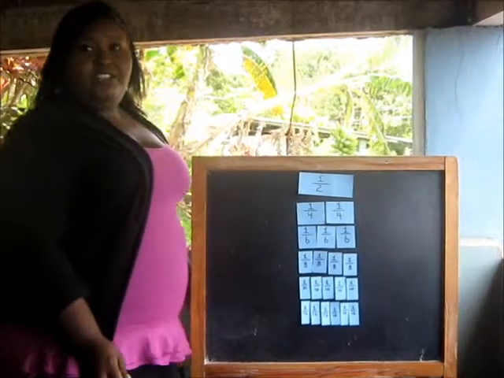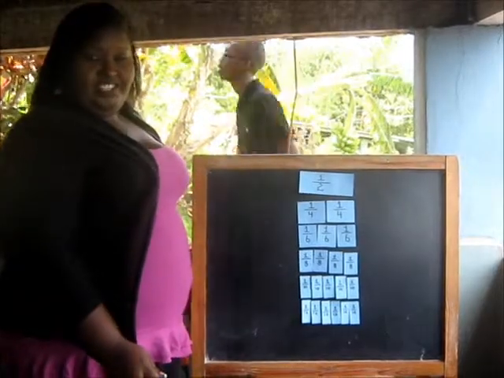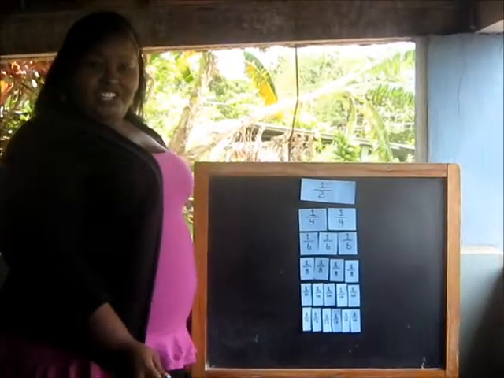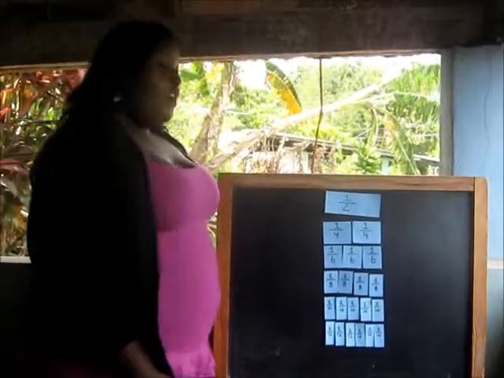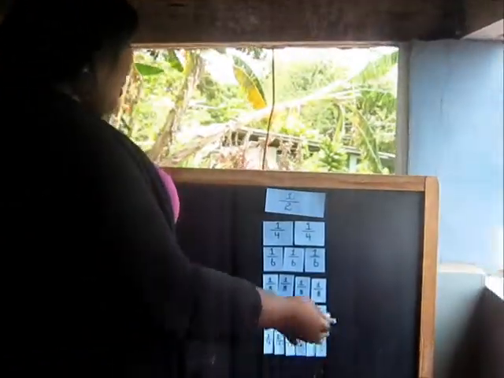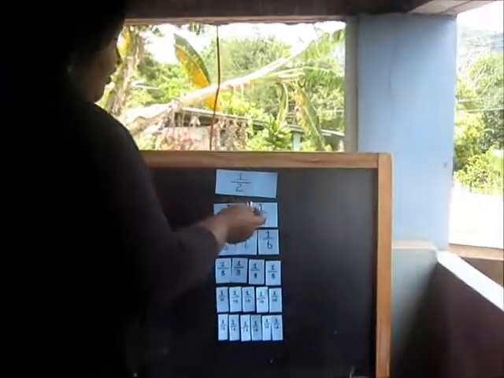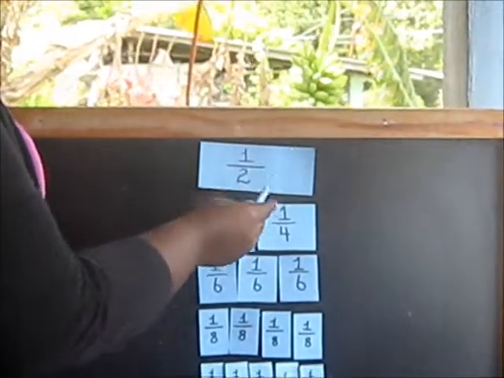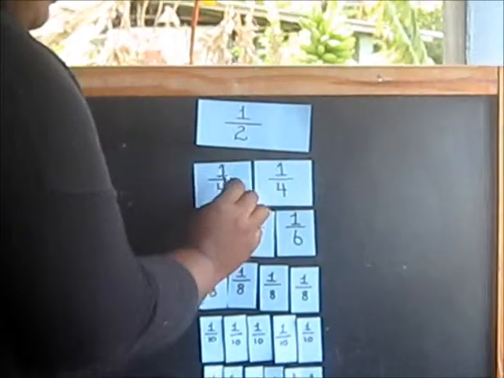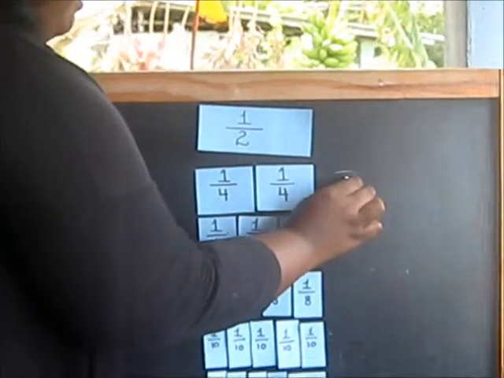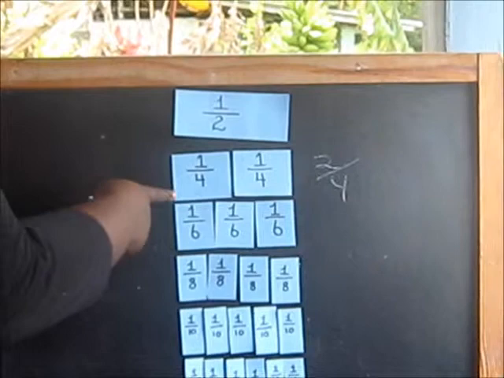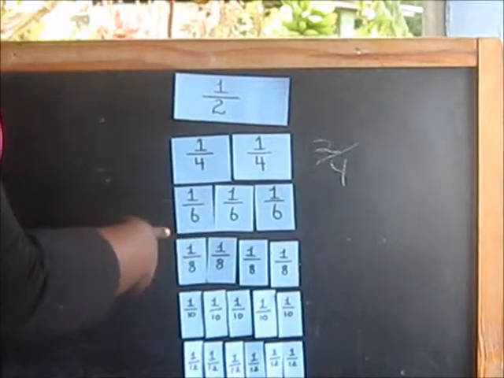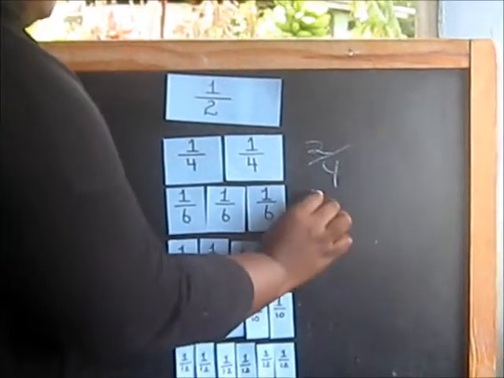Okay, next we are going to focus on the equivalent fractions. Equivalent fractions are fractions that are equal to each other. For example, on the board, this shows that a half can be broken down to 2 quarters, and then the 2 quarters can be broken down to 3/6.